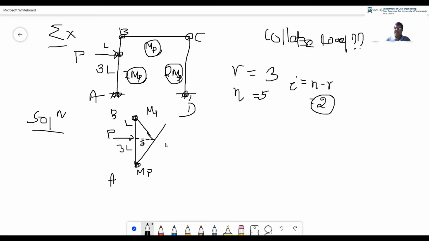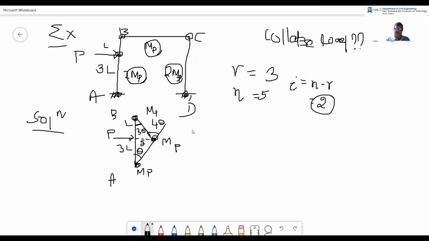This is the first beam mechanism in AB. Now delta is equal to 3L theta, delta is equal to L phi. So this angle will be 3 theta. If this is theta, this will be 3 theta, and if this is 3 theta, this will be 4 theta.